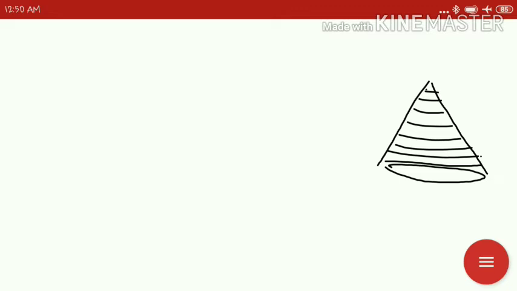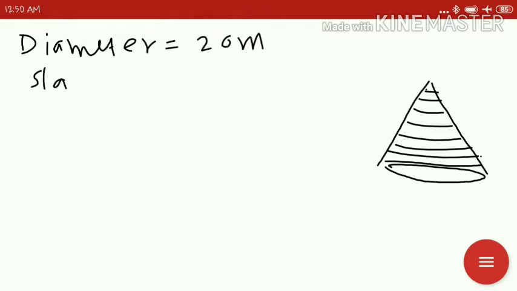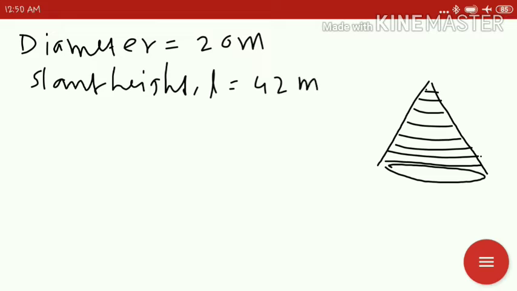Here it is given the diameter of the base, that the diameter is 20 meter and the slant height, which is denoted by L, is 42 meter. But we need the radius, so as the diameter is given, radius will be half of it, that is 10 meter.